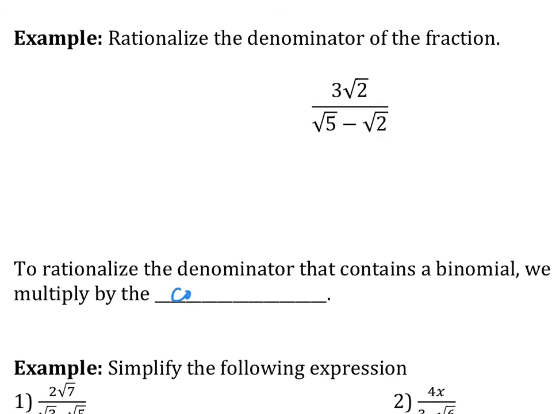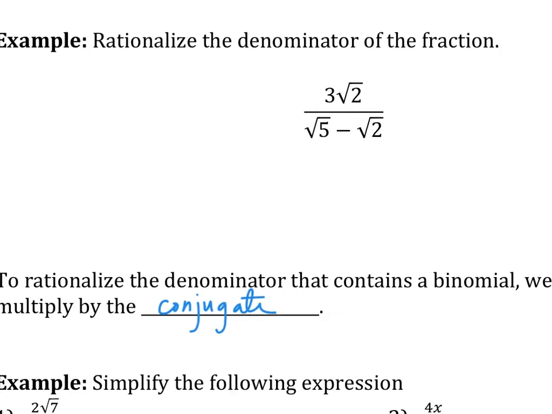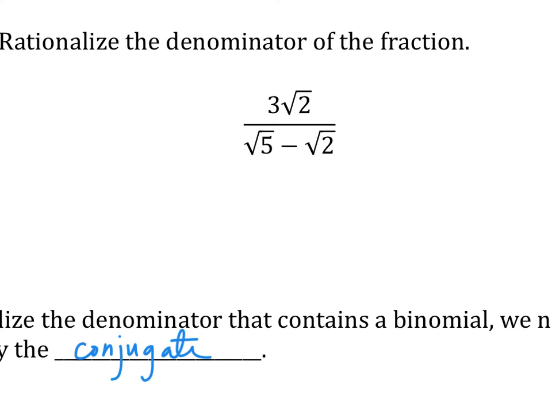Yeah, square root 5 plus square root 2. We've talked about conjugates for 3 chapters now: chapter 4, chapter 5, and now chapter 6. It's a way of getting rid of something in the denominator we don't want. So the conjugate is going to be square root 5 plus square root 2. And remember, we're changing an expression, so we can't just multiply the denominator by that. We have to multiply the numerator as well.